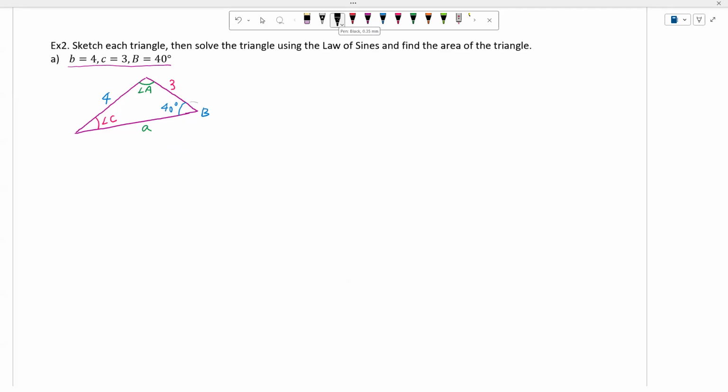Of course, I would like to use my angle B first. So I could have sine of 40 degrees, divided by 4, is equal to sine of C over 3, and also sine of A over a.